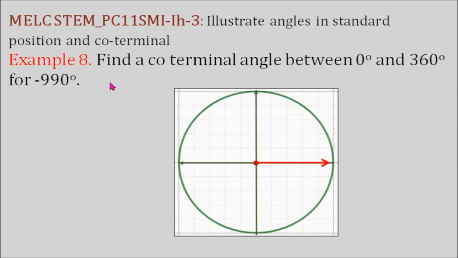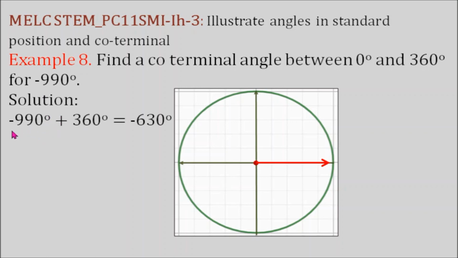Example number 8. Find a coterminal angle between 0 degrees and 360 degrees for negative 990 degrees. Because it's negative 990, we are going to add 360. Negative 990 degrees plus 360 degrees equals negative 630 degrees.